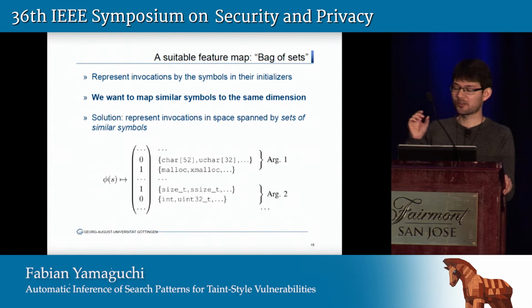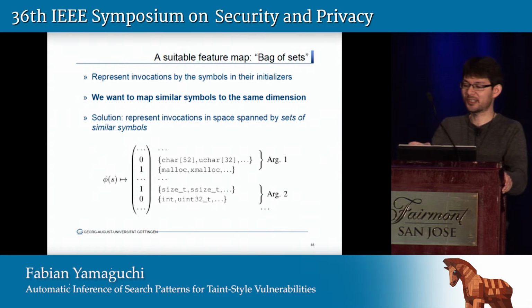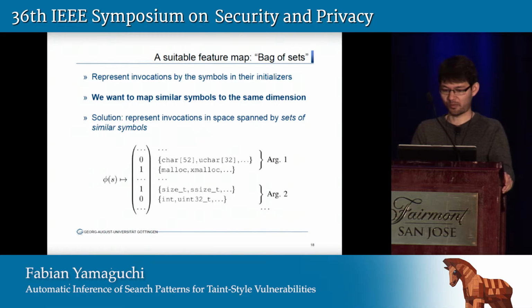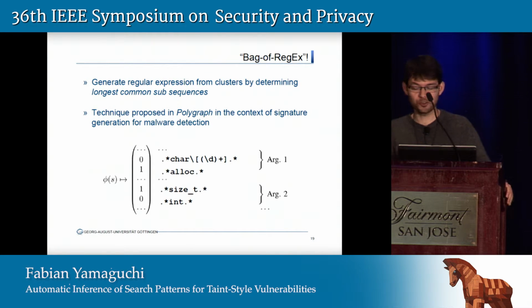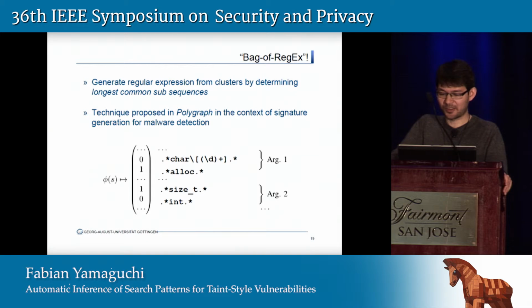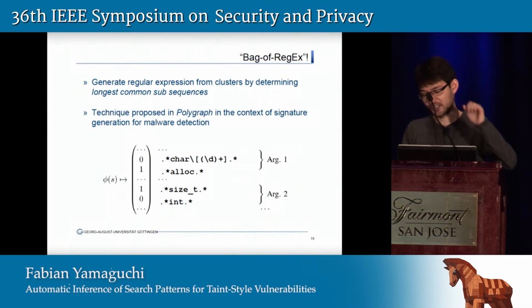So we first cluster the symbols, and then we use the vector space that is spanned by these sets of similar symbols. The nice thing is there's previous work from signature generation for malware detection that shows a technique where you can take sets of similar strings and generate regular expressions from these. So what we get is a vector space that is spanned by regular expressions, and this is how we represent the invocations that we can then cluster.